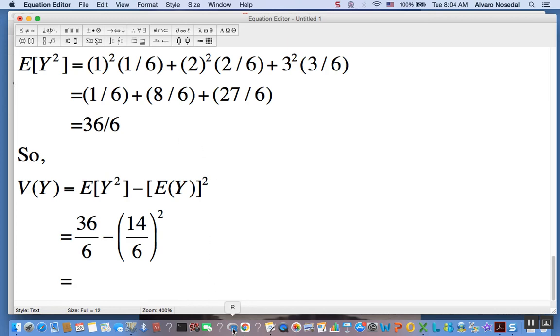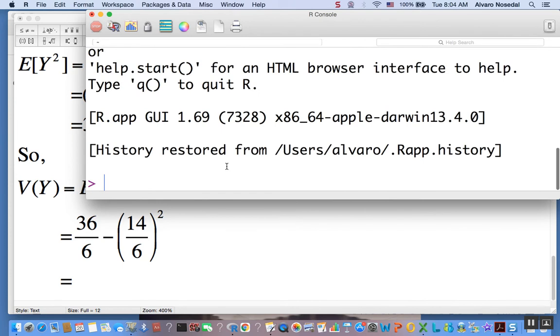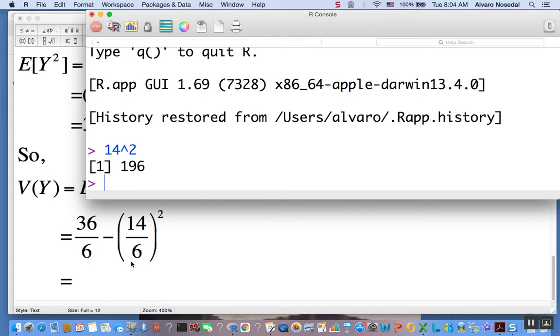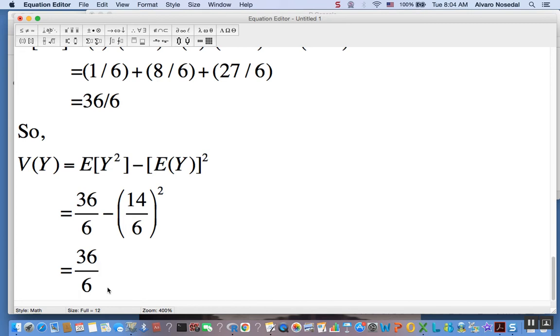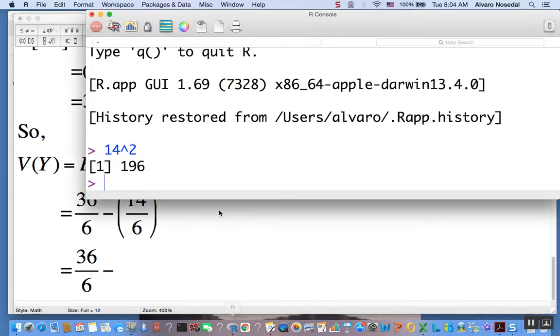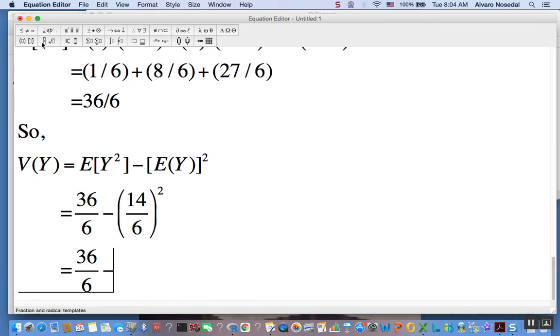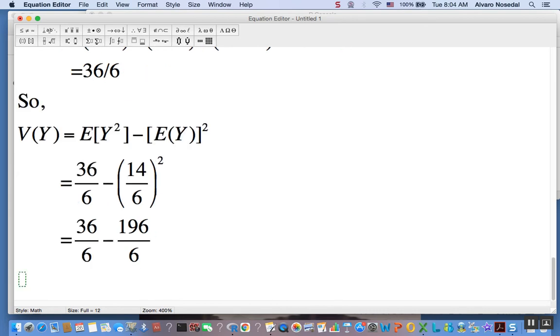So let's find that. Let's use R. So 14 squared is 196, and so that's going to be 196 divided by 36. Let me write that down. This one remains like that. The other one is going to be 196 divided by 36, sorry.